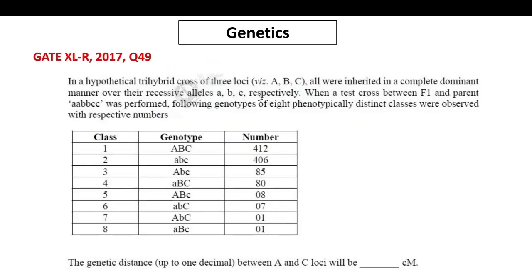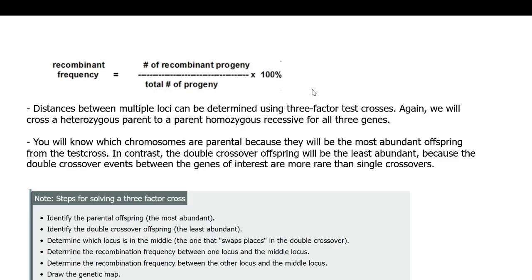Because in your question you see there are three factors, three genes that we are looking at, their loci and in which position they are present from one another, meaning what is the distance between A and B and B and C. If we know that, then we can also calculate the distance between A and C. So this is a three-factor cross, and this is a test cross.